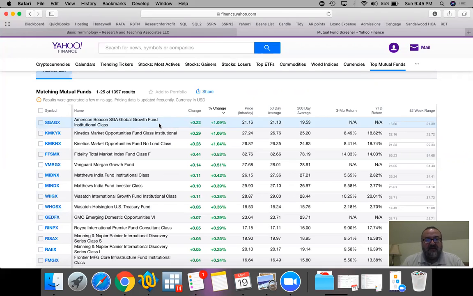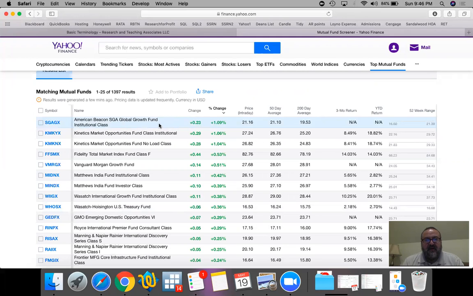Open-ended simply means that the mutual fund will grow with each individual investor added to the fund, and will shrink with each individual selling from the fund or moving away from the fund. Closed end simply means that the mutual fund size will stay constant, and it will not grow with the incoming investments.